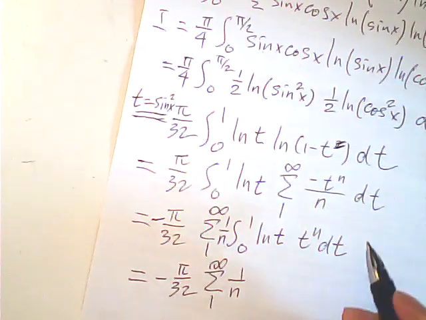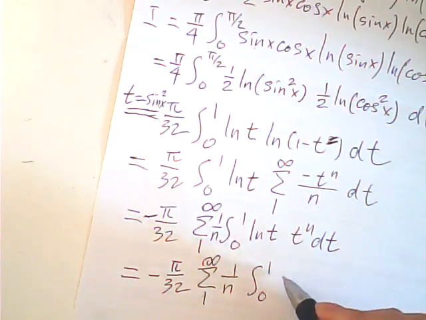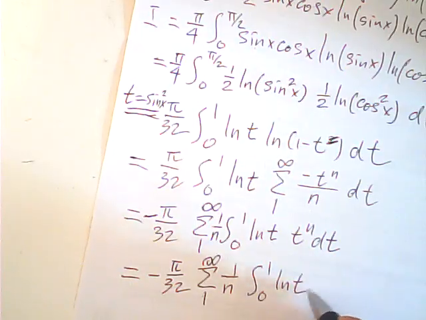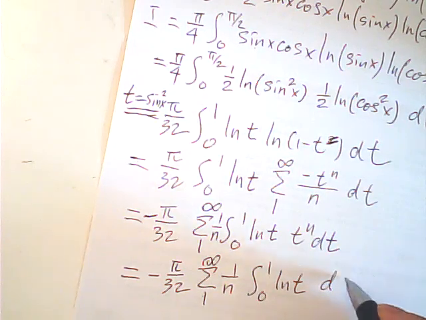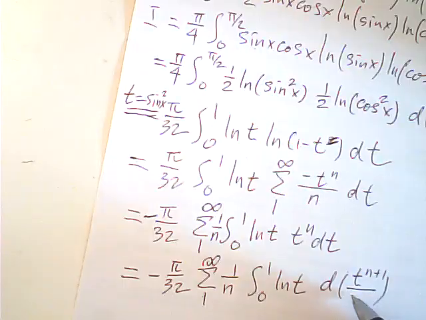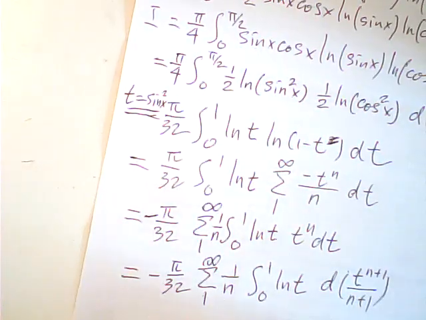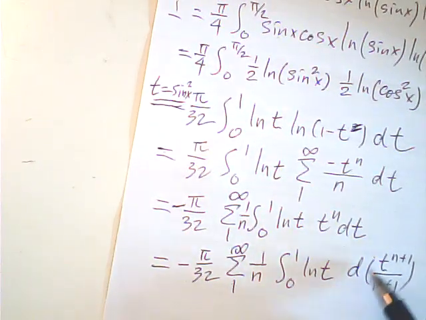Now this one I write 0 to 1 of log of t, and this is a d of t to the n plus 1 over n plus 1. This is t to the power n dt.